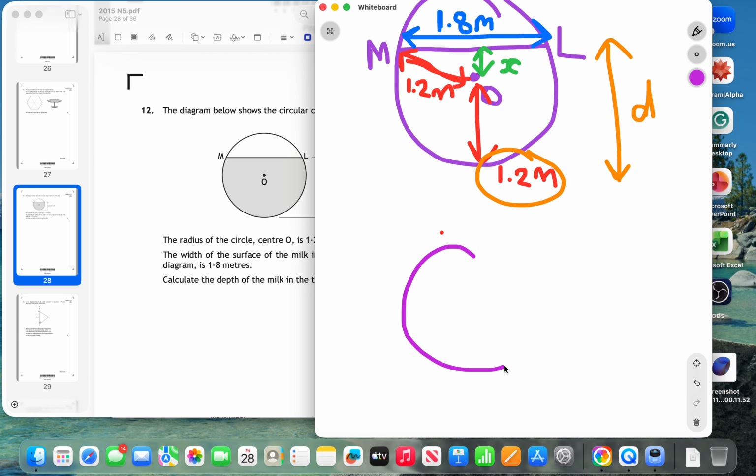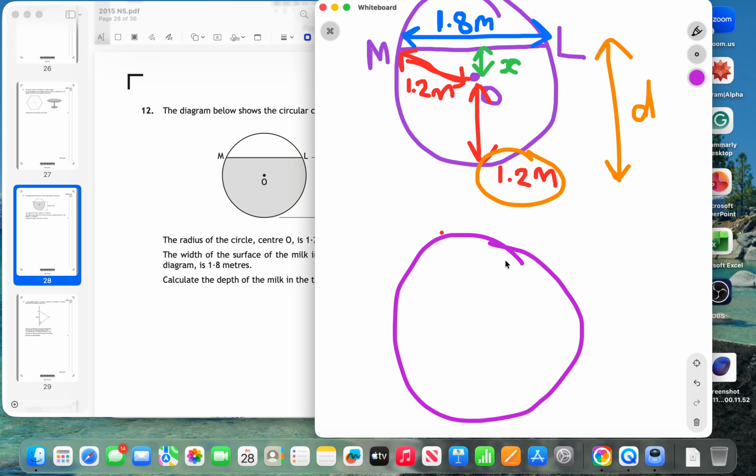I'm going to do this again, and I'm going to not put as many dimensions in this one.